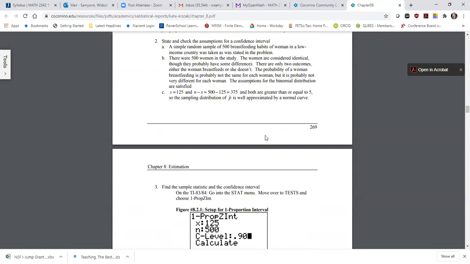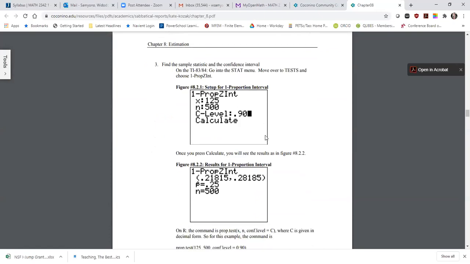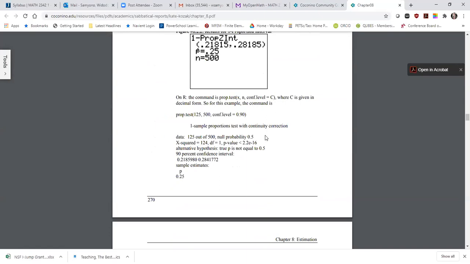Yeah, if you use the calculator, it automatically calculates the interval. Okay, so you don't need to find the z. Yeah, the same thing if you use R. Yeah. Okay.